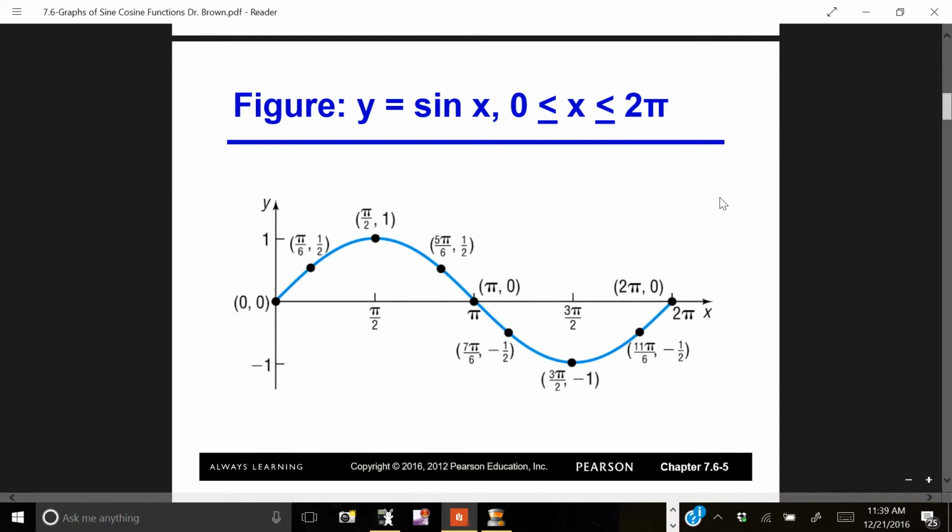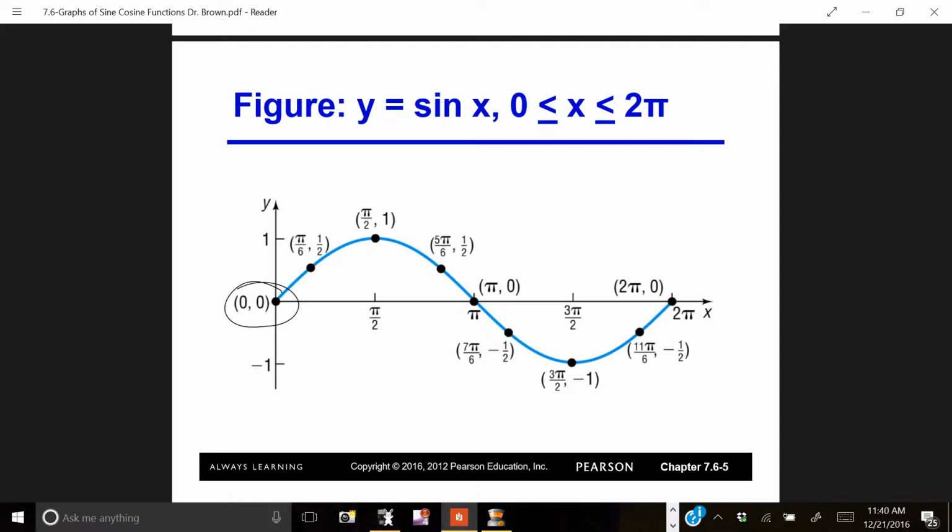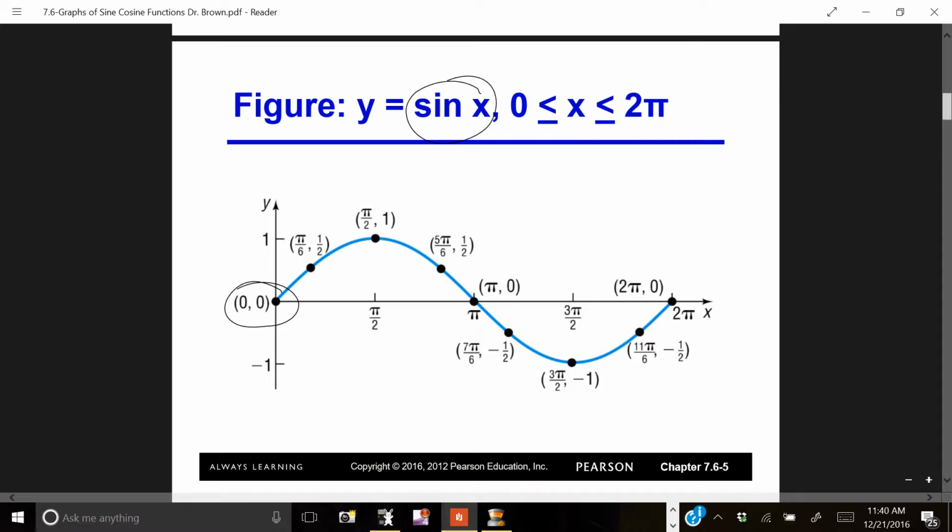And we're going to do this also with the calculator. Notice that the sine function starts off at 0. In fact, the sine function at x equals 0 will always be 0. If it's just simply sine of x, the period is going to be 2 pi. In other words, we get a full sine function.